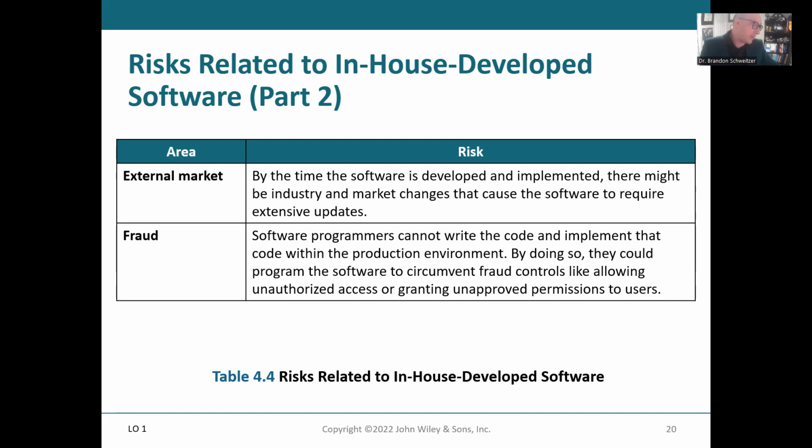Sometimes coders might act unethically, and if that happens, writing the code into the software for fraudulent reasons could grant what we call backdoor access, where individuals gain unauthorized access to the system. So these are all risks to be aware of as you're making a decision whether to purchase something off the shelf through a third-party vendor or to develop your own software in-house.